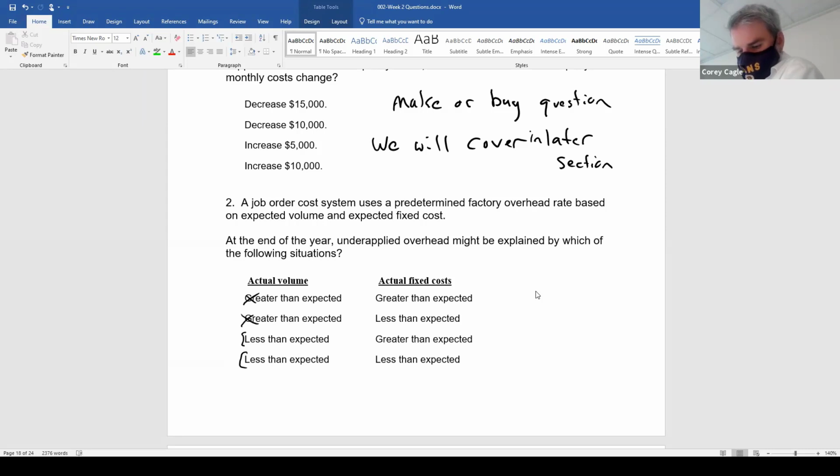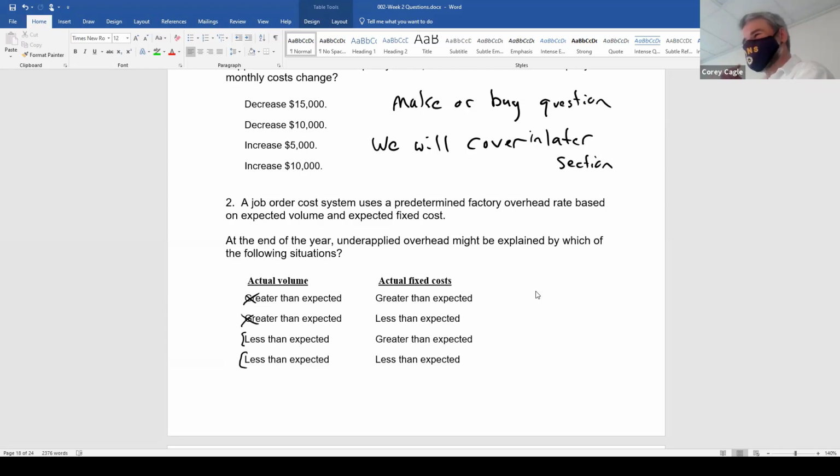All right. Now you have to think about how the costs would have affected this. And think about the way it's worded. If costs ended up being more than we expected, that means our rate was based on a smaller number than it should have been, right?